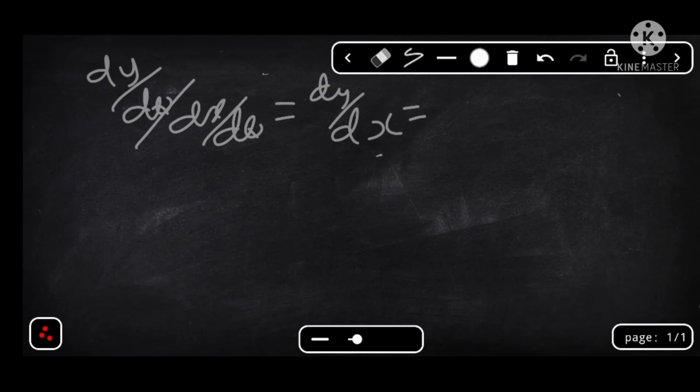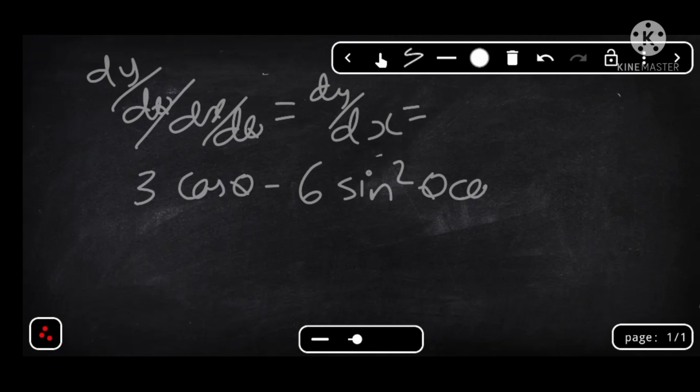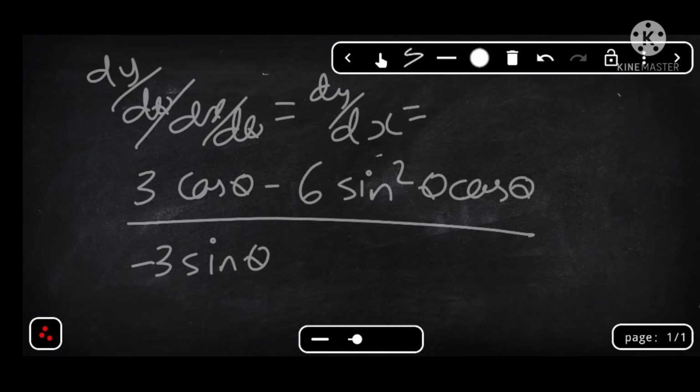So let's divide. 3 cos theta minus 6 sin square theta cos theta divided by minus 3 sin theta plus 6 cos square theta sin theta.